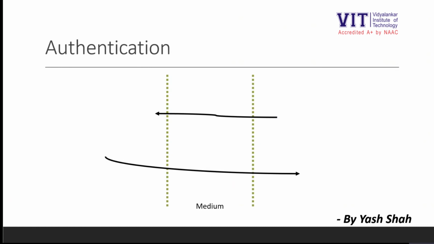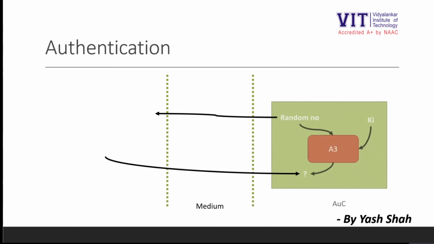The first is authentication. I'll explain how authentication works. As soon as a mobile station tries to become a part of a network, the authentication center generates a random number. It looks for the identification key of that particular mobile station from the HLR or VLR.